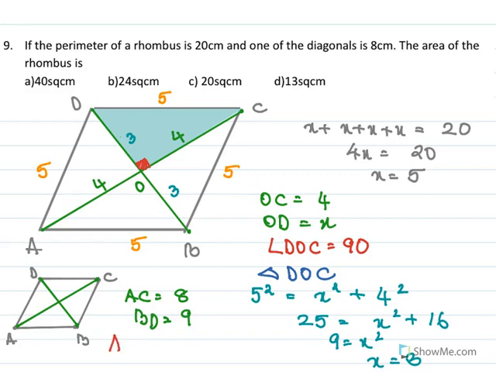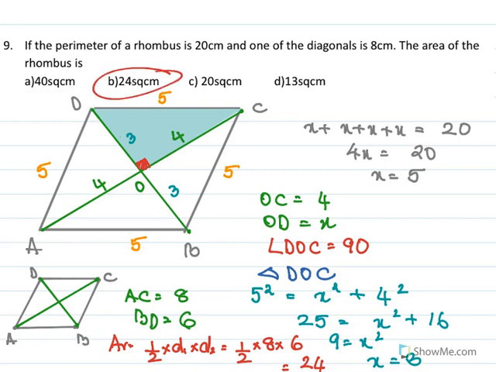And the area of a rhombus is given by the formula half D1 into D2, which is half into 8 into 9. Here's again a mistake. This is 6 here, 3 plus 3, 6. So this becomes 6. So half D1 into D2, and that is 24. So the answer is 24 centimeter square.